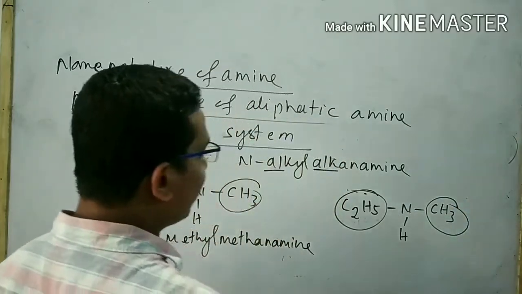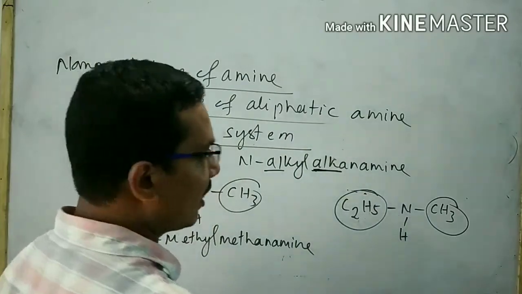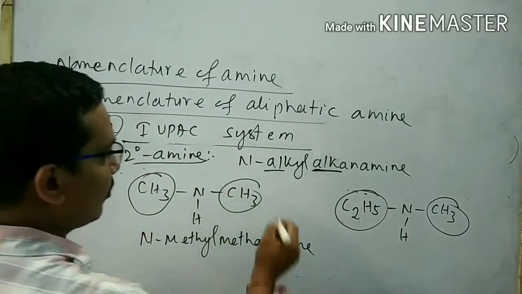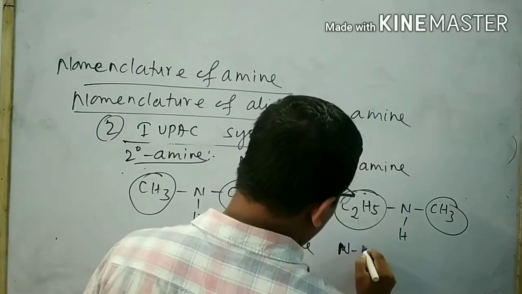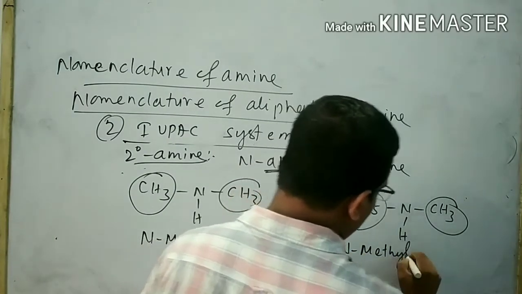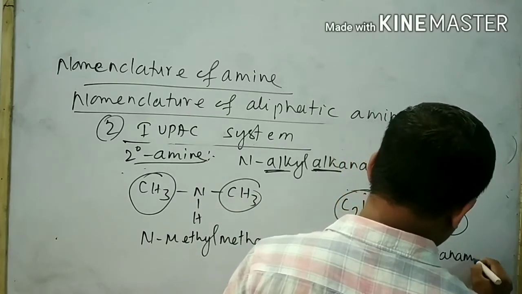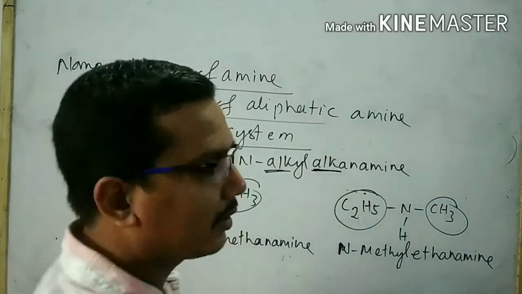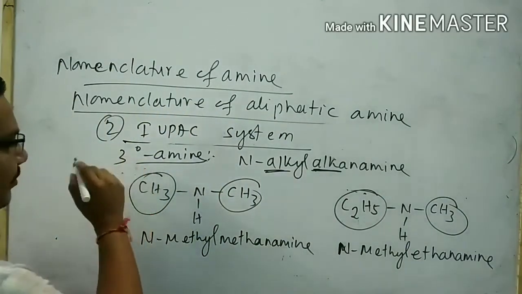The alkyl group which is having more carbon atoms goes to the alkanamine, and the alkyl group which is having less carbon atoms goes to the N-alkyl. The name of this compound is said to be N-methyl ethanamine. Clear?